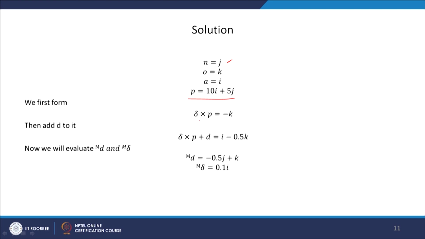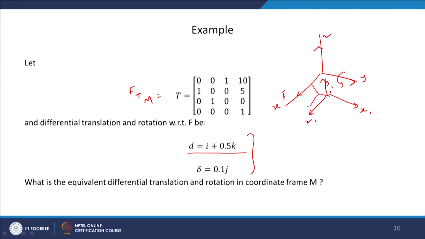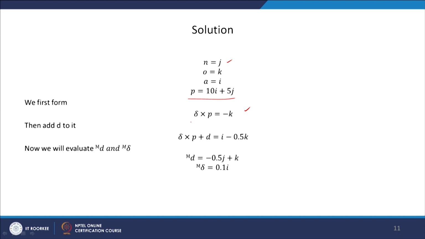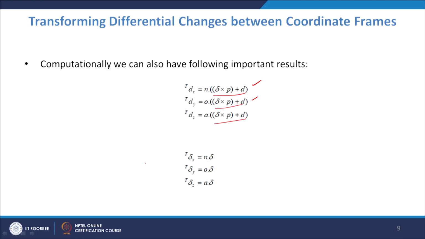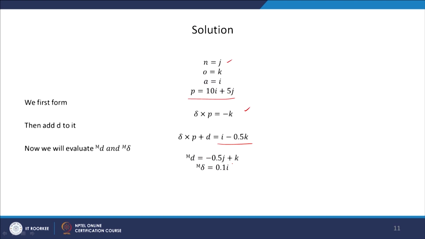And del cross P is calculated, where del is given by this vector and D is given by this. So, del cross P can be calculated. Del cross P plus D is finally this one, and then by using this formula, we get the rotation with respect to the current frame, n dot del, O dot del, etc., which can be calculated again using this expression.